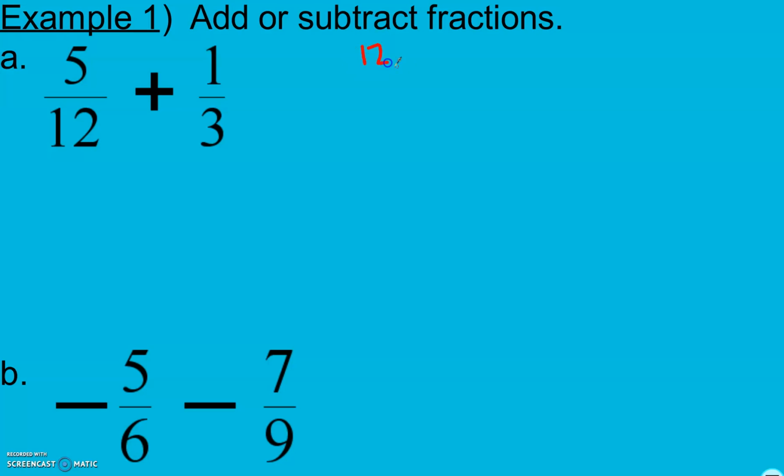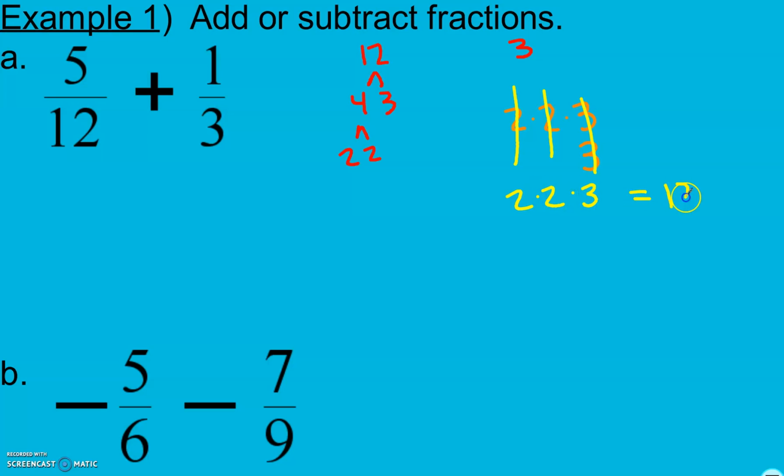So between 12 and 3, my least common denominator: here I have a 2 and a 2 and a 3, and 3 is just 3. So my common denominator is my least common multiple, which means I multiply all of my columns together.